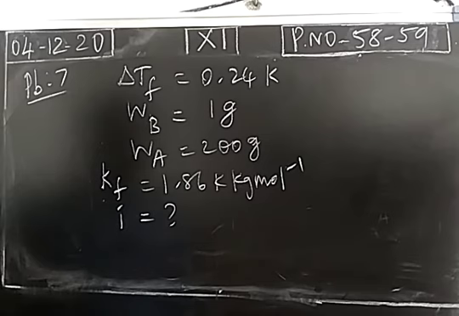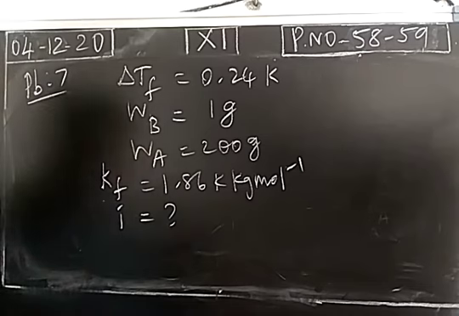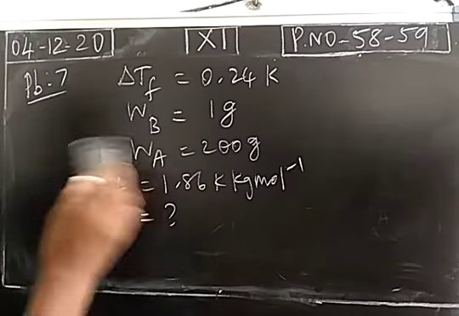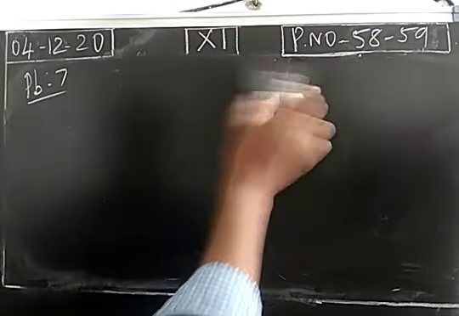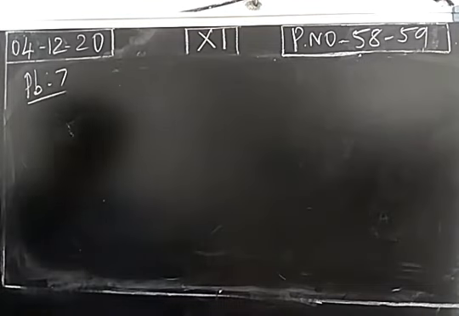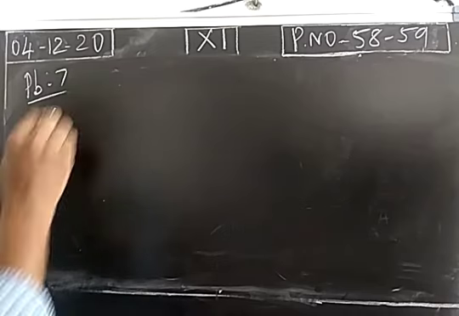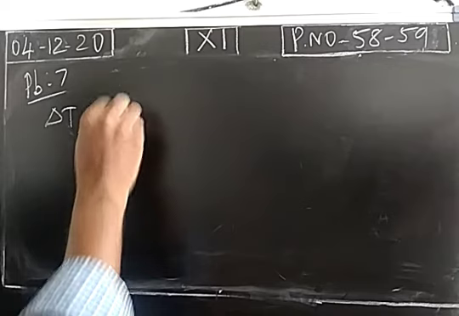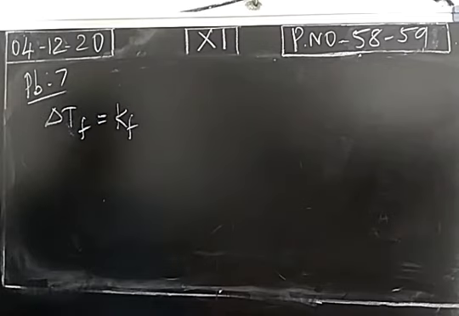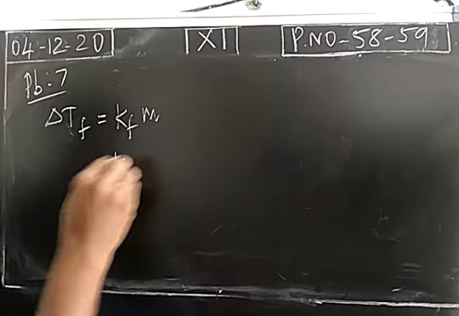To calculate the van't Hoff factor we need two values, actual molar mass and calculated molar mass. So first we calculate the molar mass. Here the colligative property is depression in freezing point. Depression in freezing point is equal to cryoscopic constant Kf multiplied by molality of the solution.